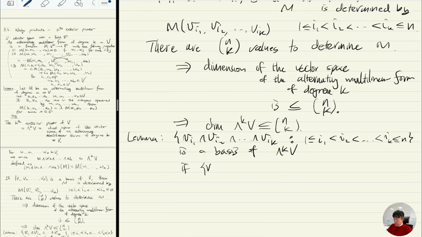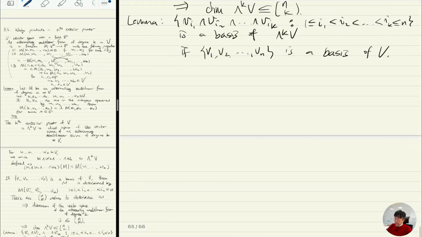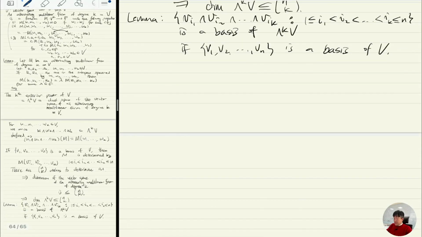If v1, v2, ..., vn is a basis of V. All right, so I know that they are linearly independent. That's easy because you can evaluate, right?